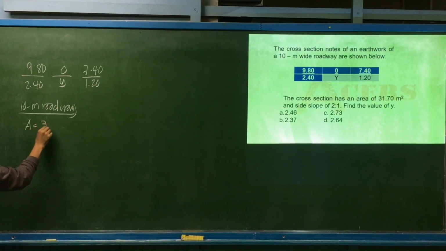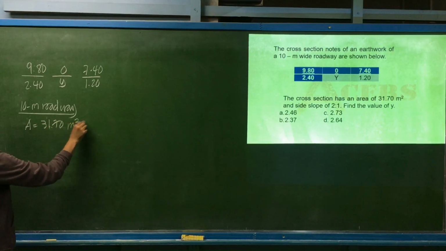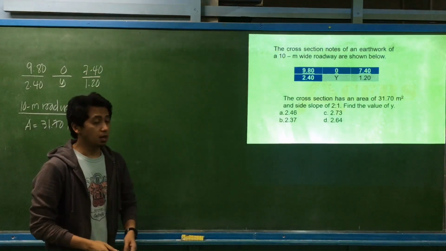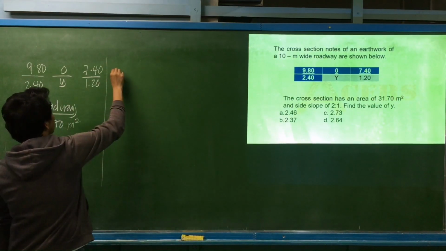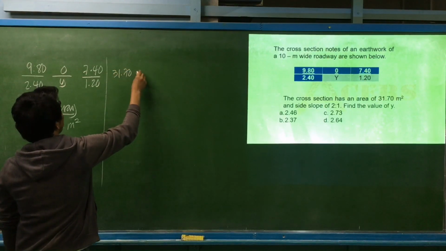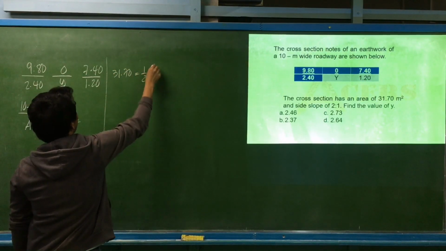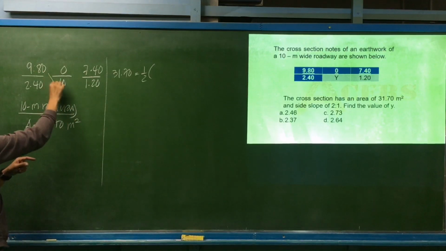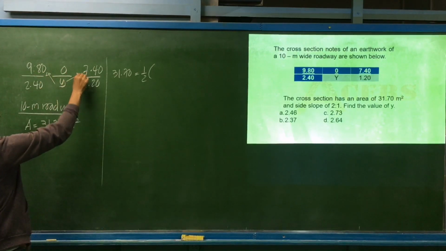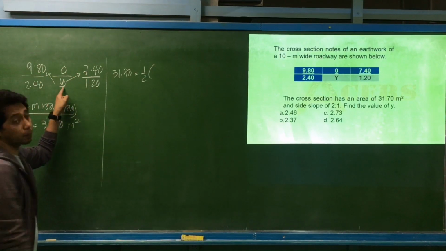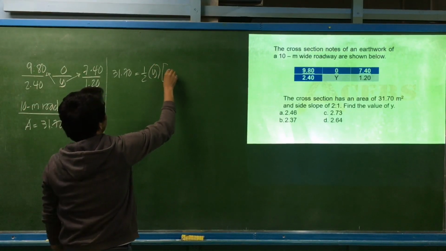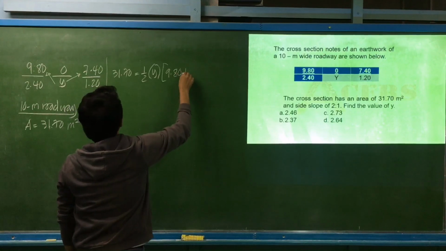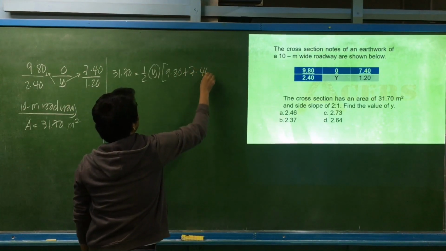We have the area is equal to 31.70 square meters. Para hindi na tayo mag-drawing. So ano yung gagawin sa pag-compute ng area? 31.70 is equal to 1/2. Kunin natin yung isang nasa gitna sa baba. Partner niya yung dalawang nasa taas. So 1/2 of that value, y, yung sum ng dalawang nasa taas, 9.80 plus 7.4.